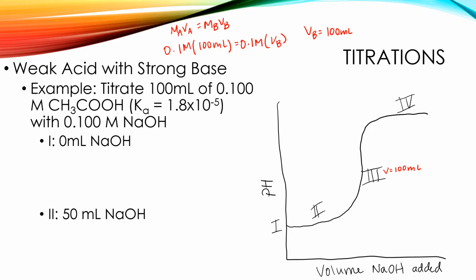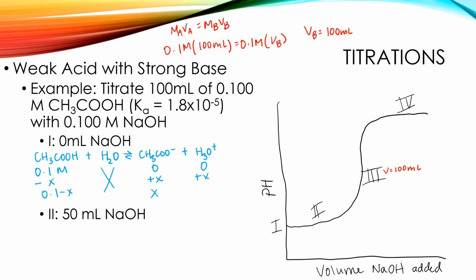Okay, so at 0 milliliters added, I have just a weak acid. So I'm going to solve this like a normal weak acid problem. I have acetic acid plus water. My concentration is 0.1 molar. I'm going to start with initially 0 product, minus x, plus x, plus x: 0.1 minus x, and x.